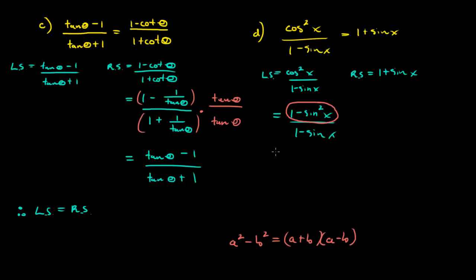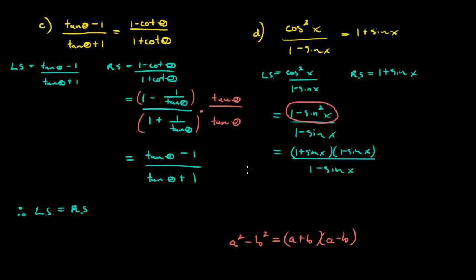So we can rewrite 1 minus sine squared x as 1 plus sine x times 1 minus sine x, all divided by 1 minus sine x.